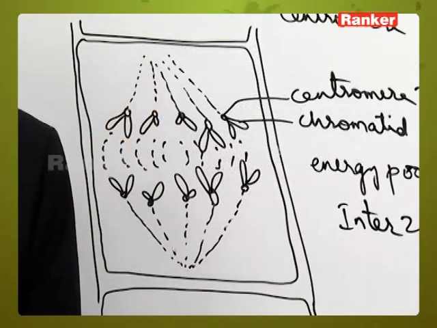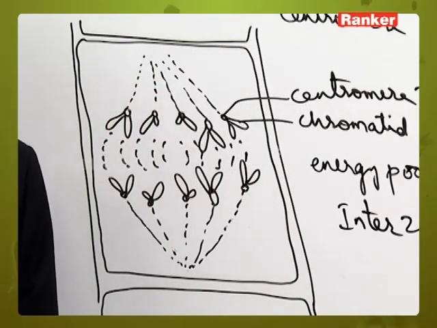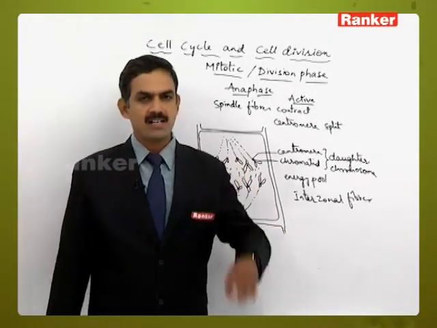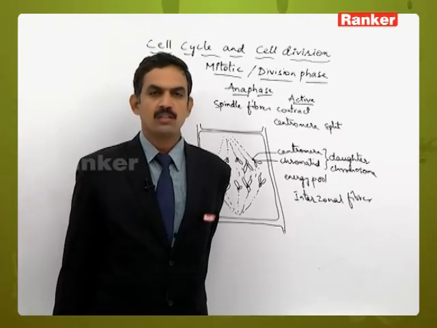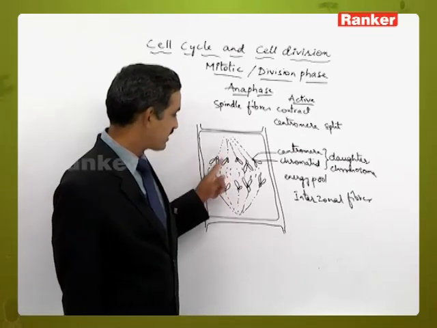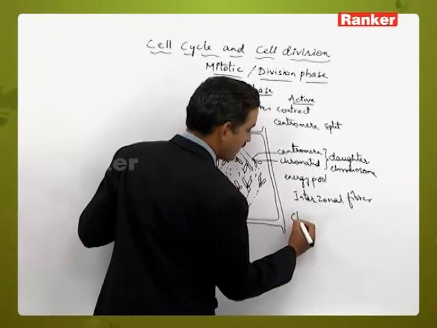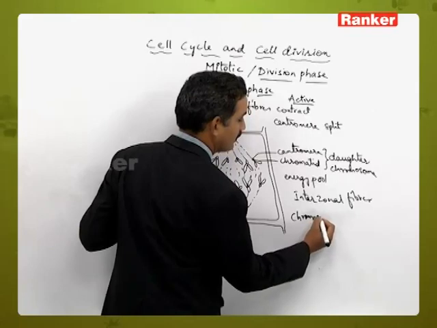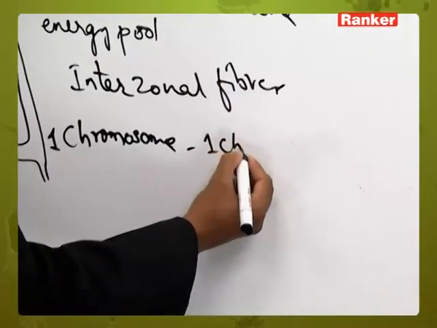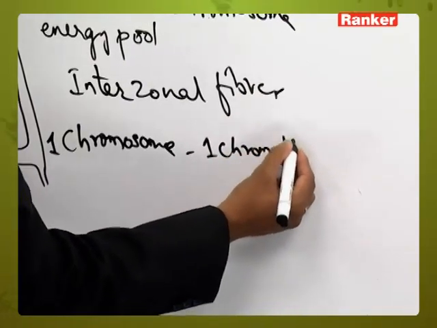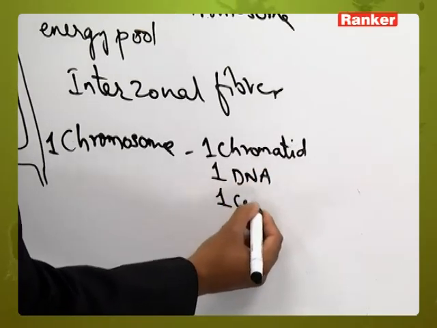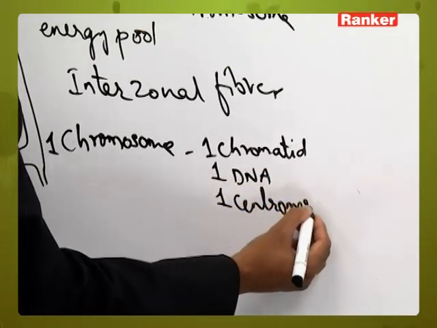At this stage each chromatid, as we know, contains one DNA molecule. During the metaphase, two chromatids are there with each chromosome, so each chromosome contains two DNA molecules. But during anaphase each chromosome contains one chromatid, one DNA molecule, and one centromere.